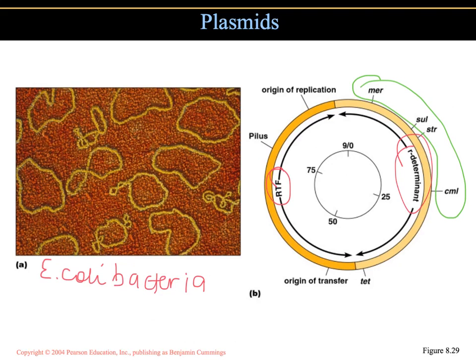Here in the green, I only showed 4, but there have been genetic maps of resistance plasmids that carried so many resistance genes, for sulfonamides, streptomycin, chloramphenicol, tetracycline, even genes that are resistant to mercury. So it's really difficult to treat bacteria with all different types of resistance.